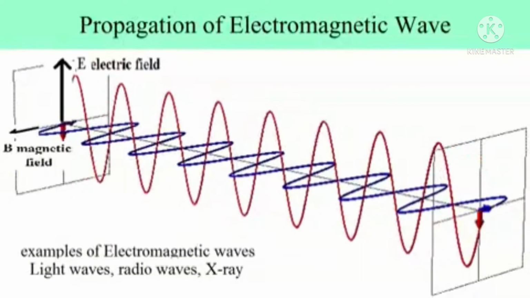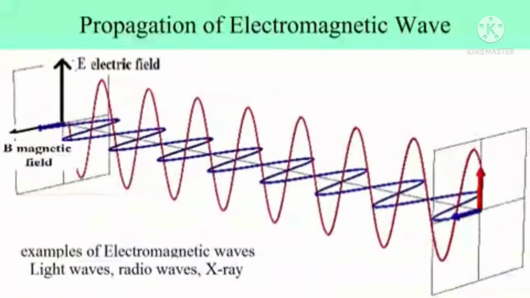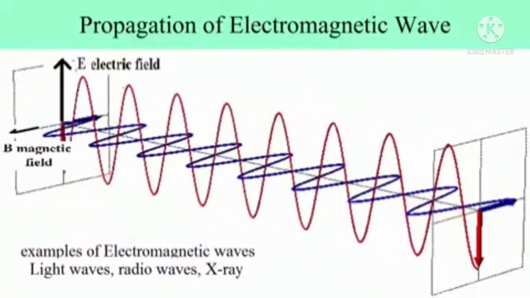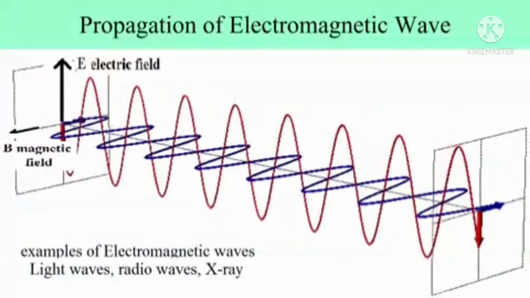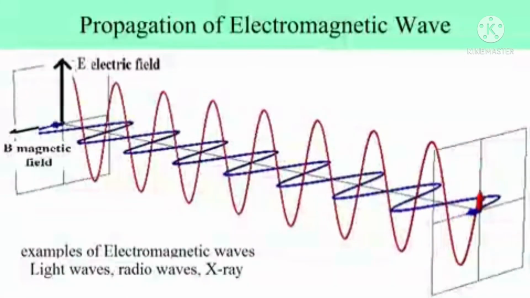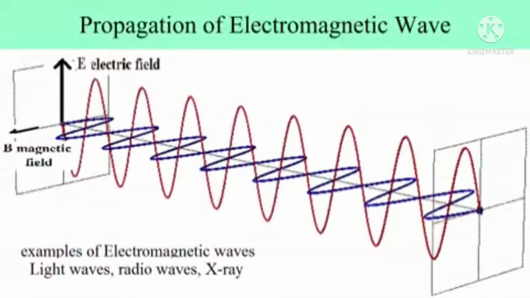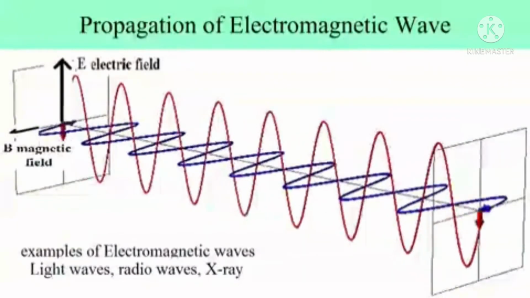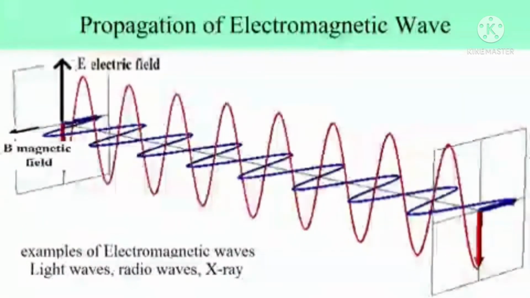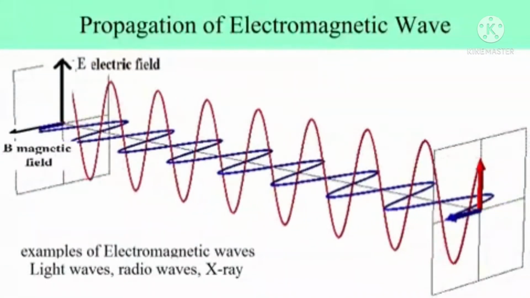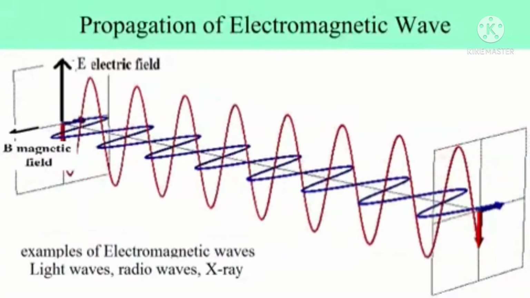Students, in this PPT we observe the propagation of electromagnetic waves. Examples of electromagnetic waves are light waves, radio waves and X-rays. That means this PPT also shows the propagation of light waves. We will see the example of light waves in detail.